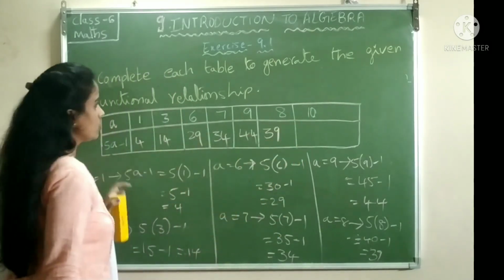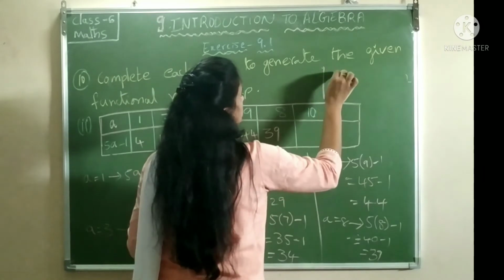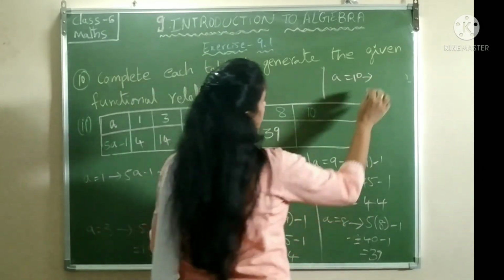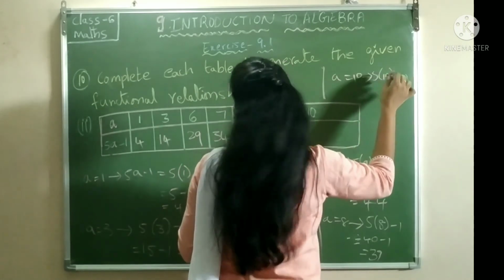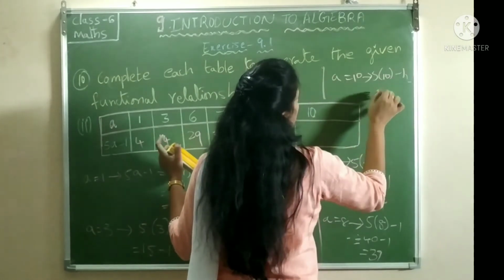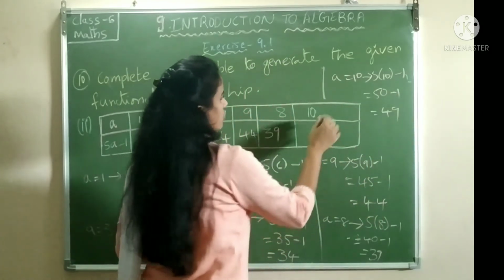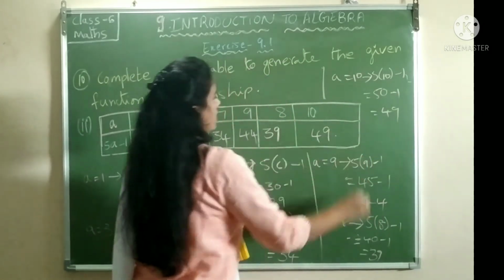Suppose a is equal to 10, then 5 into 10 minus 1 is equal to 50 minus 1, which is 49.